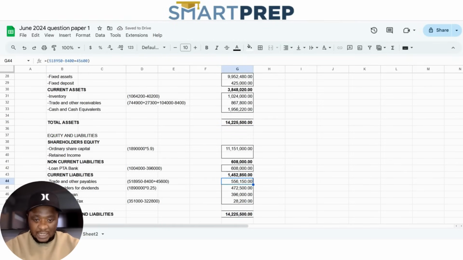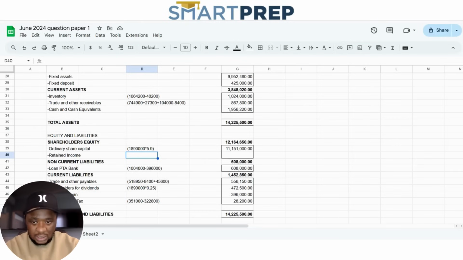And then from this balance, we're going to subtract the 1,452,850, subtract the 608,000, so that it can give us a total of our shareholders' equity. So there we go. So we're going to say 14 million minus the 1.4 million, and then minus the 608,000. And so that gives us a total of 12,164,650 in respect of ordinary shareholders' equity. All right. Cool.